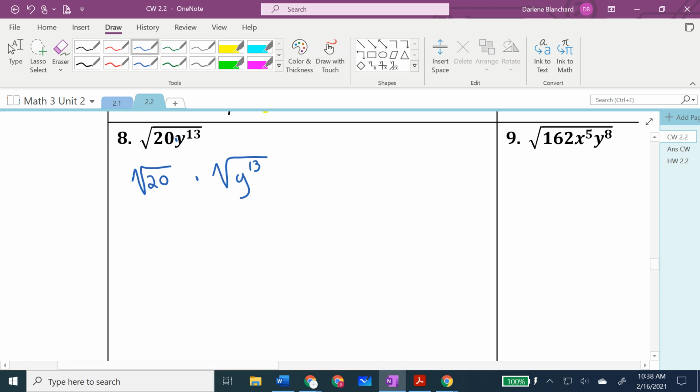For the number, you've got to break it down. You've got to look at, okay, 20 is what times what? If you see it fastest, you'll go, hey, 20 can be divided by a perfect square 4. And 4 times 5 gives me 20.